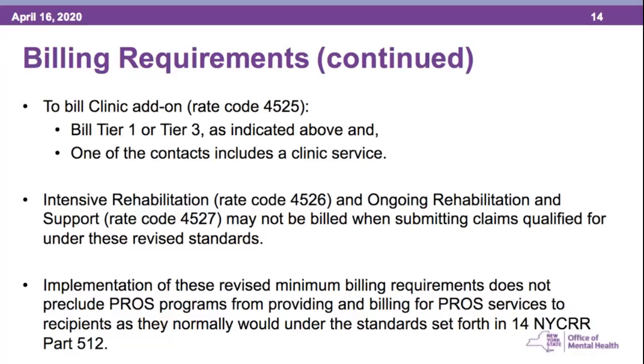And I want to note that implementation of these revised minimum billing requirements does not prevent PROS programs from providing services and billing for PROS services to recipients as they had historically done. If those contact standards are met, then those rate codes and those bills are available as they were historically. And if I could move to slide 15.